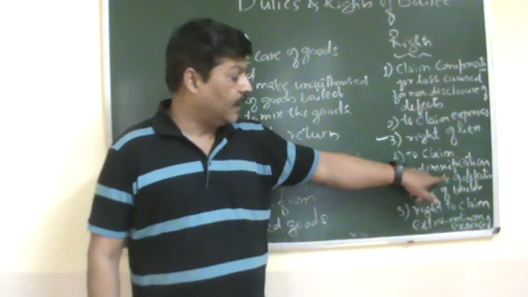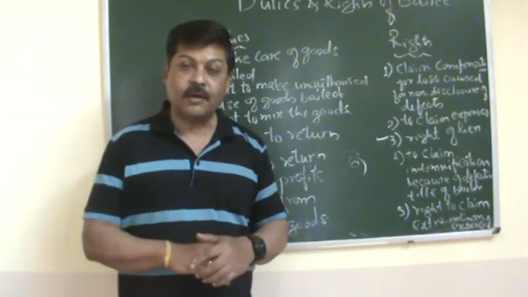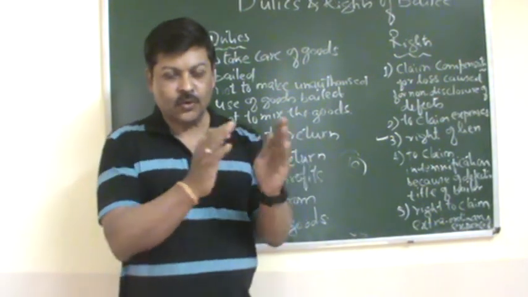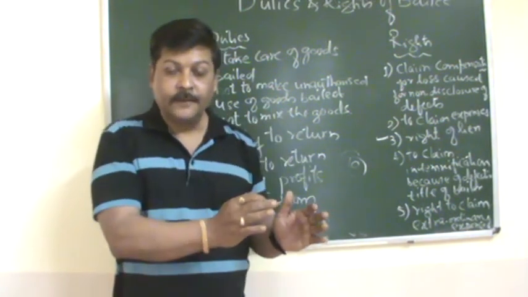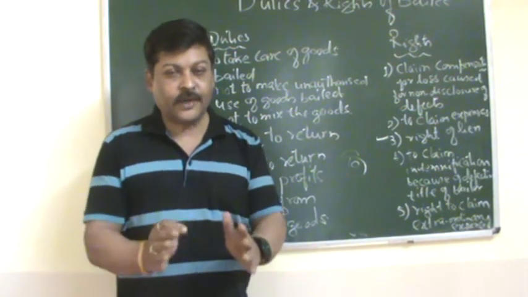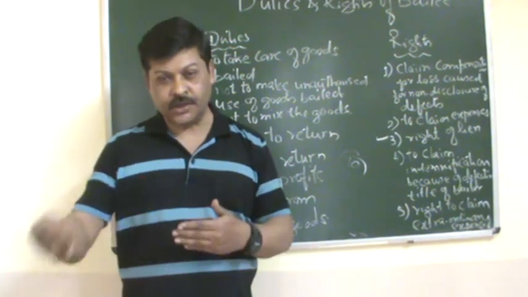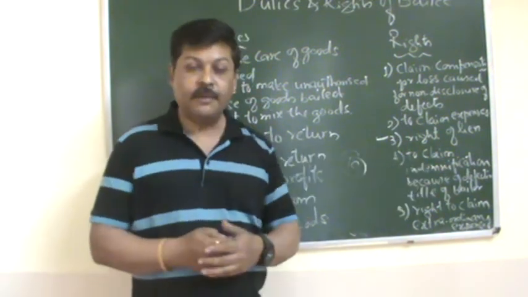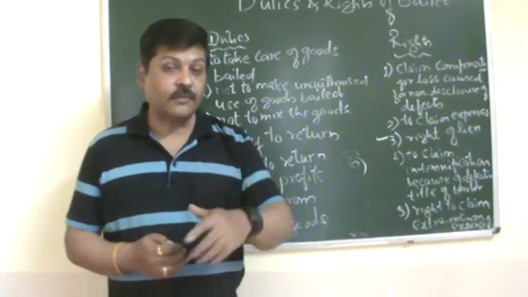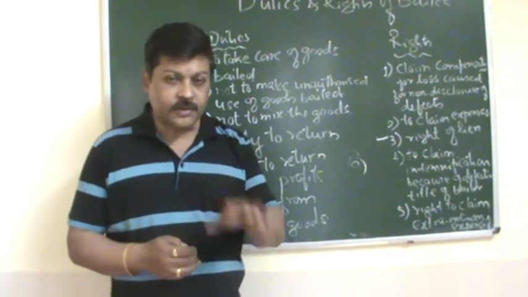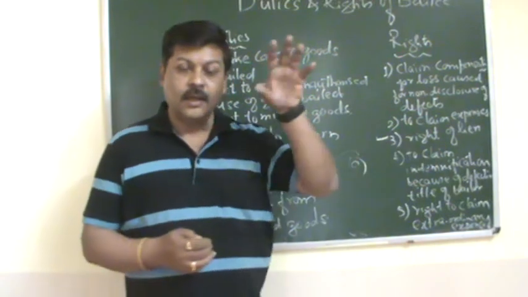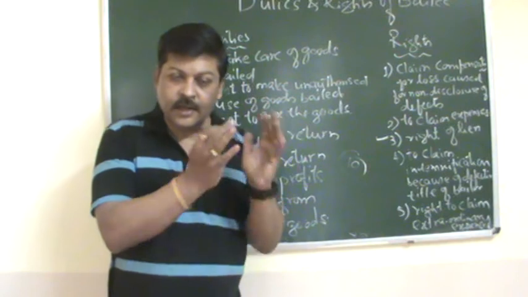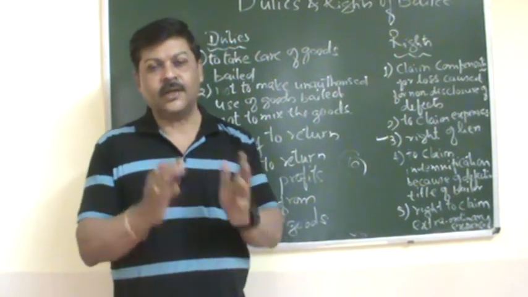Right to claim indemnification because of defective title of the bailor. The bailor is the person who has delivered the goods, and if the bailor has a defective title in the goods because of which the bailee has sustained a loss, in that case he can claim indemnification from the bailor. In reality the bailor does not have the right to bail the goods.